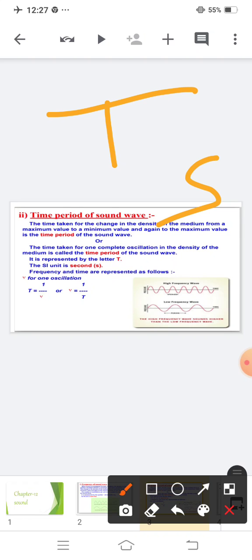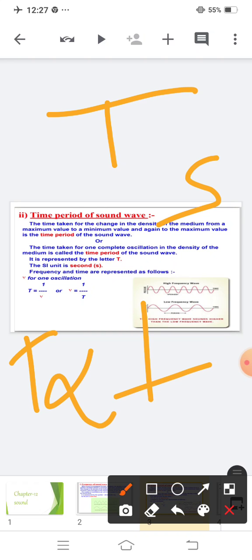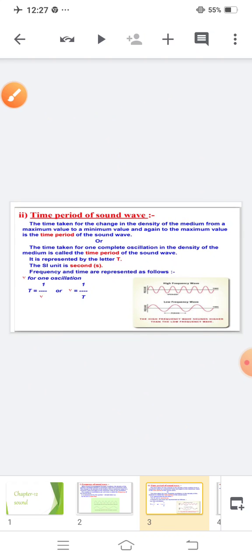Frequency and time are related as follows. I told you that T is inversely proportional to 1 by f. If time increases, your frequency will decrease. So I'm reading once more, listen carefully. The time taken for the change in the density of the medium from a maximum value to a minimum value and again to the maximum value is the time period of the sound wave.